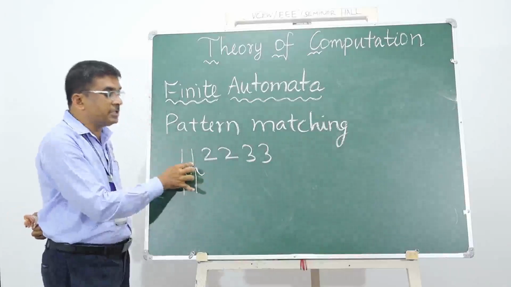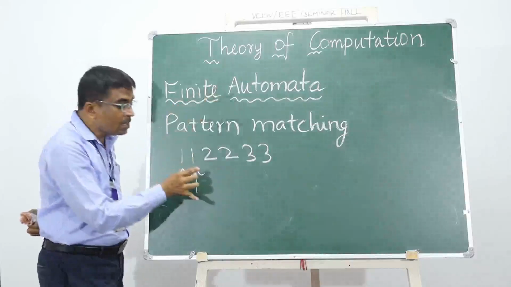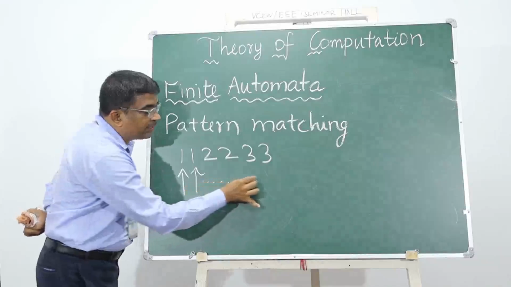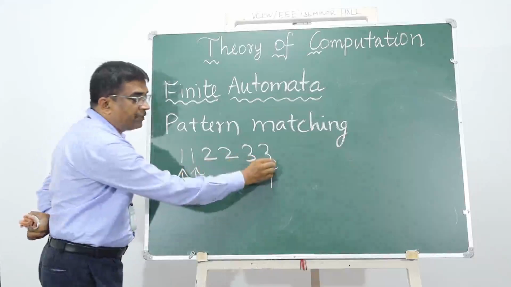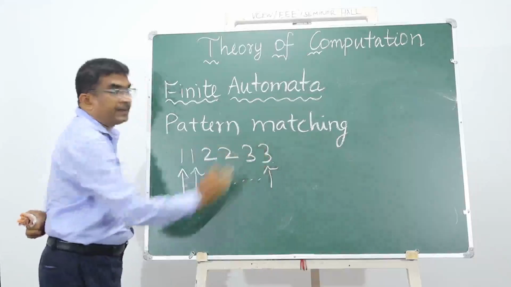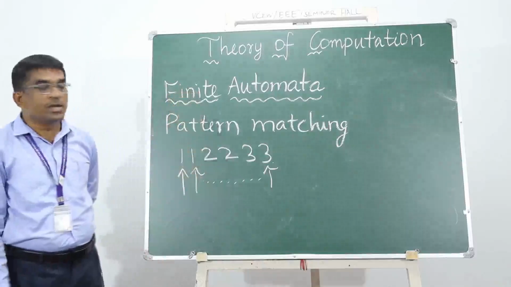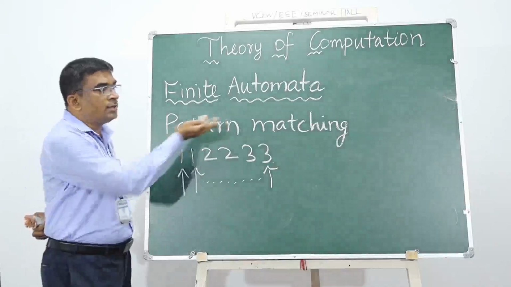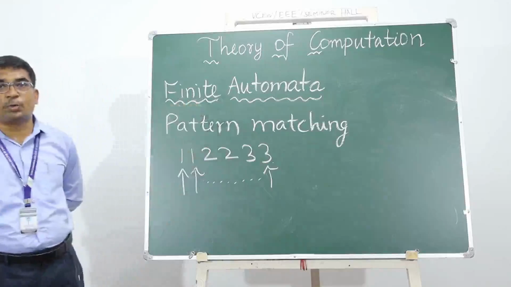It is also verified and recognized. Like this, it will reach the final character 3. After the end of the pattern, the full pattern is recognized by the finite automata. So this is how pattern matching is one of the applications of finite automata transition.